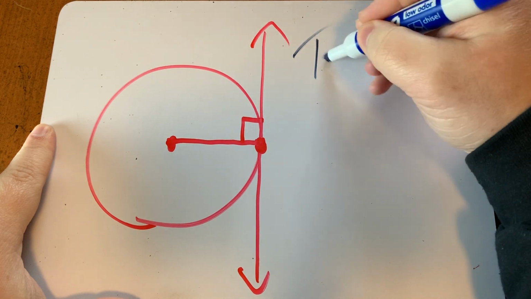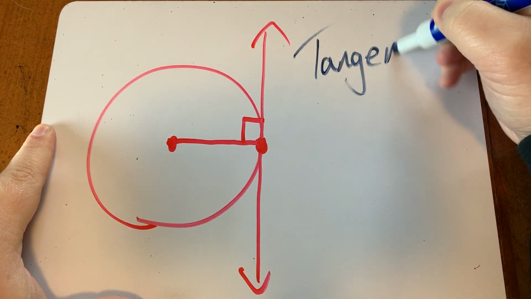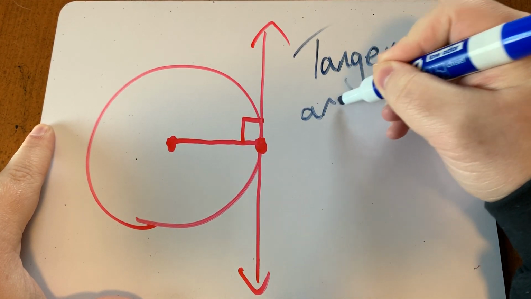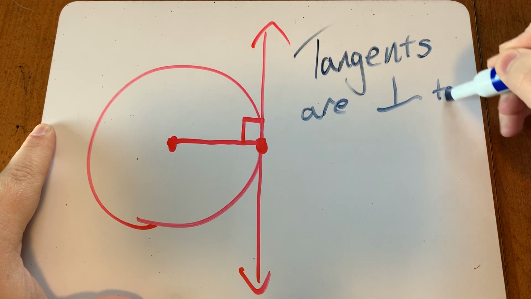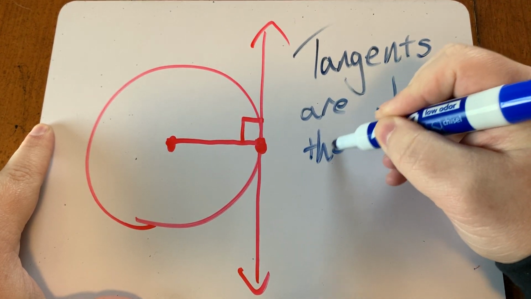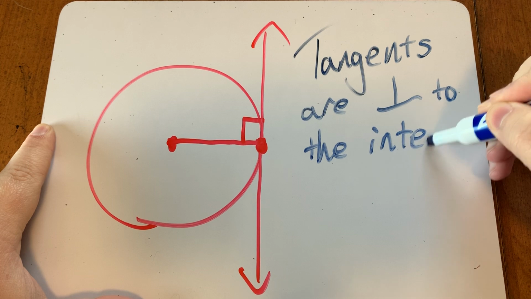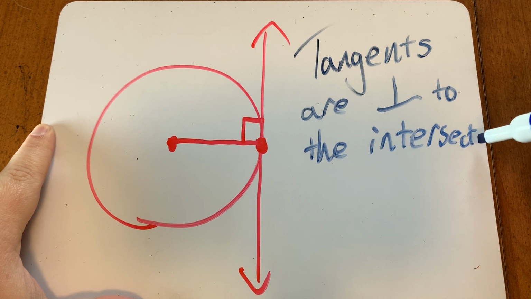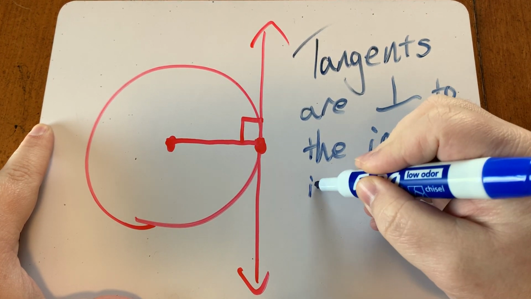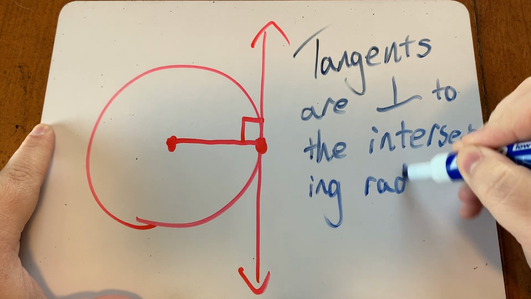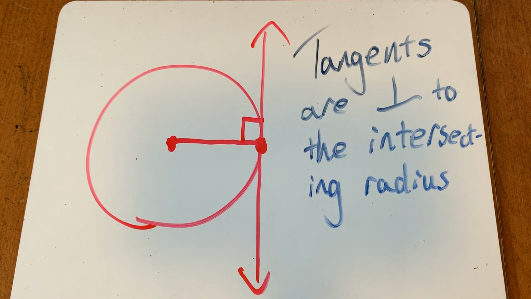Okay? So tangents are perpendicular to the intersecting radius. That is the most important property of tangents for our purposes.